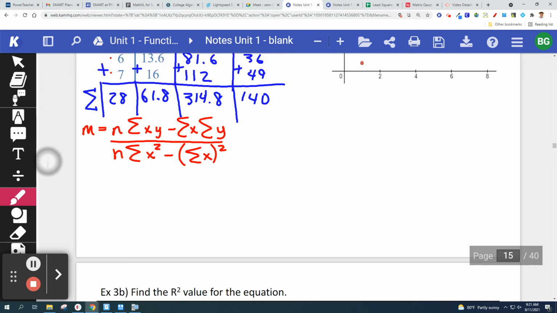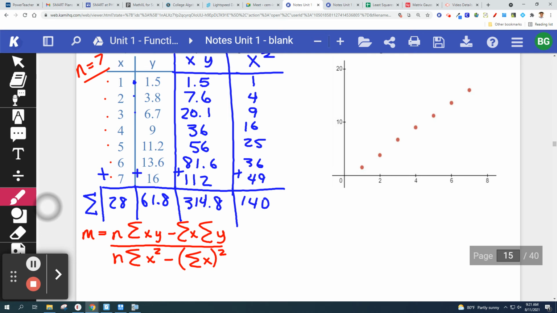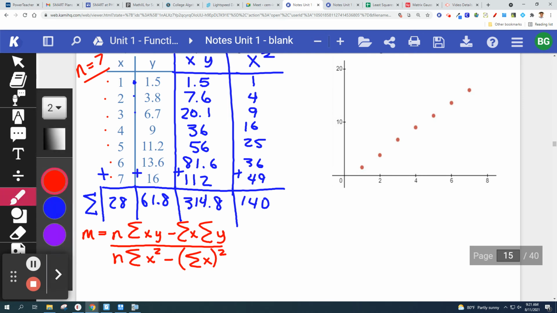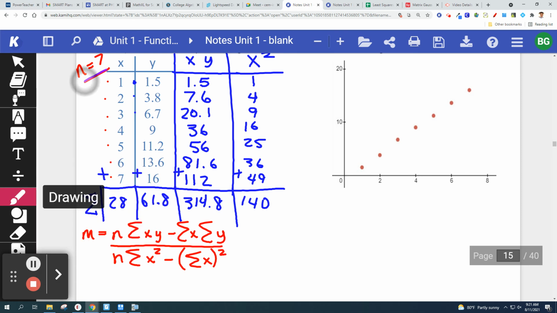So when we look at our numbers here, everything we need is up on the screen in my table. So n was 7. The first number I'm going to plug in right here is 7.